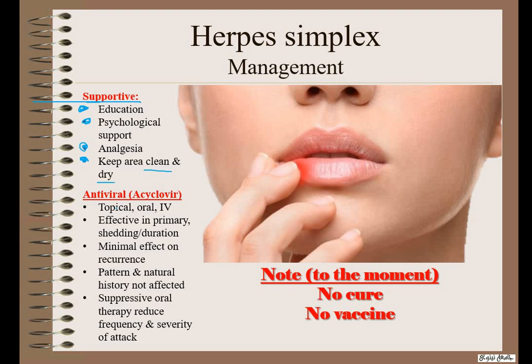I may use an antiviral like acyclovir, whether topical, oral, or intravenous, and usually this is effective in the primary infection or in virus shedders, but usually has little effect on recurrence.